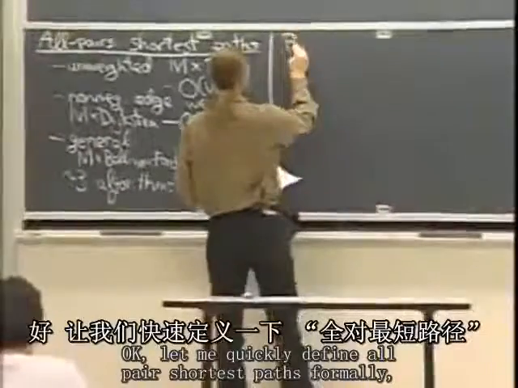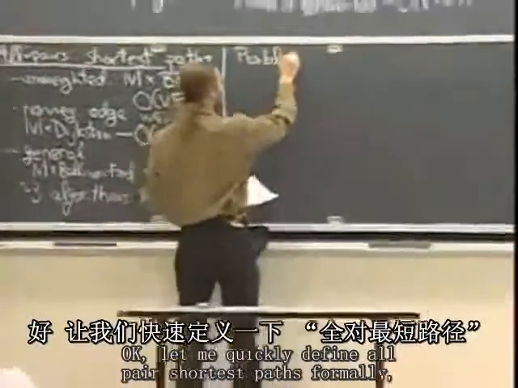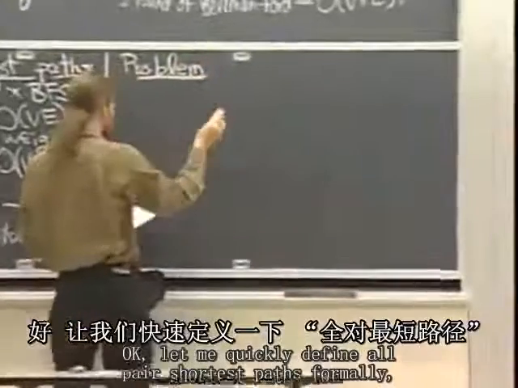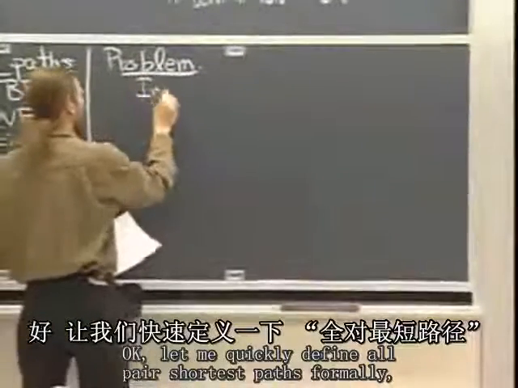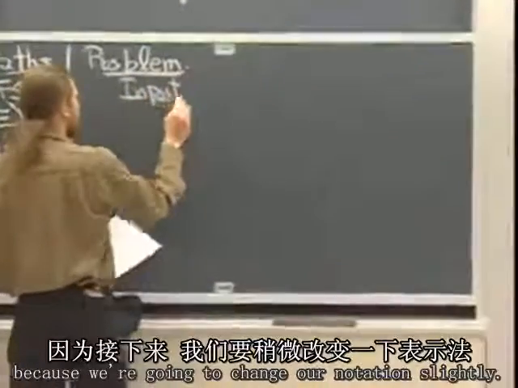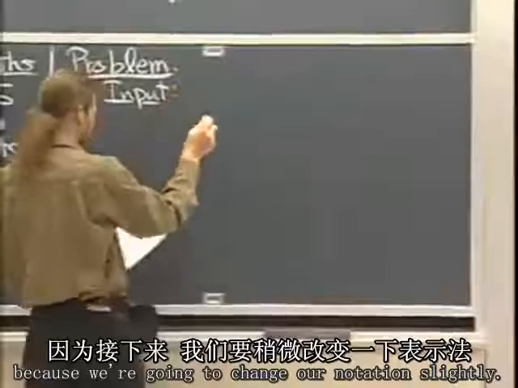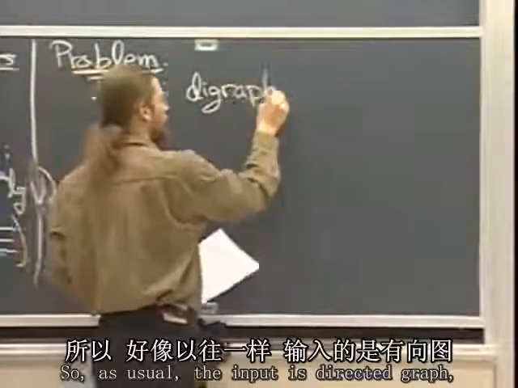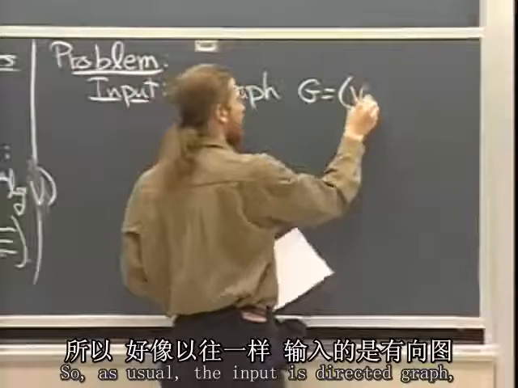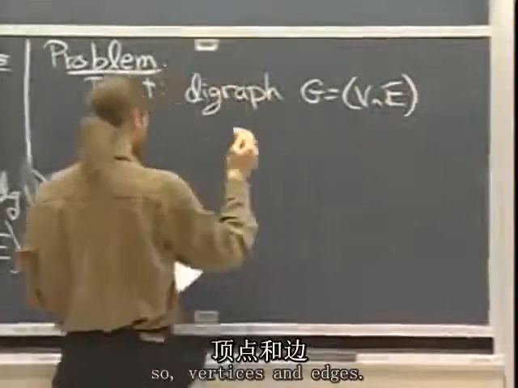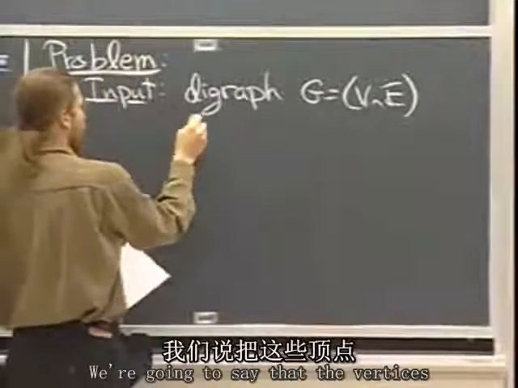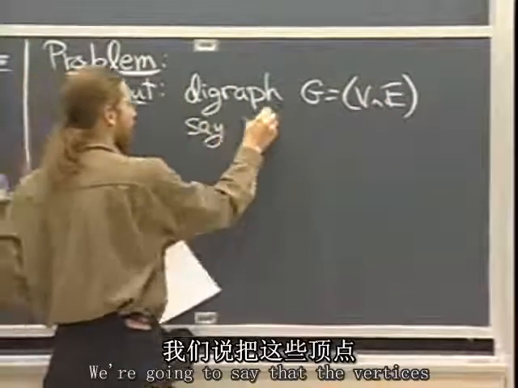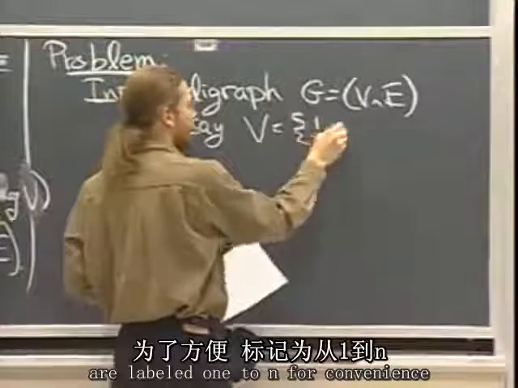Okay, let me quickly define all pairs shortest paths formally. Because we're going to change our notation slightly, because we care about all pairs. So as usual, the input is a directed graph, some vertices and edges. We're going to say that the vertices are labeled 1 to n.